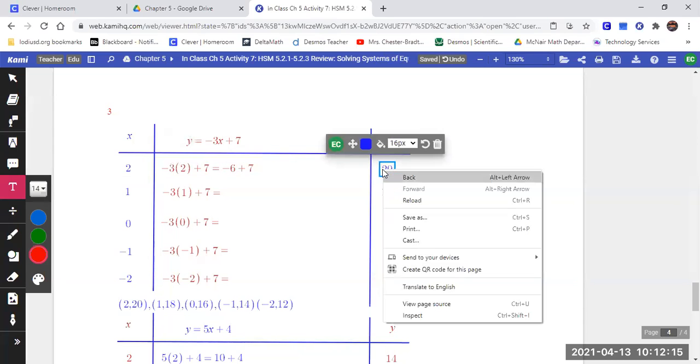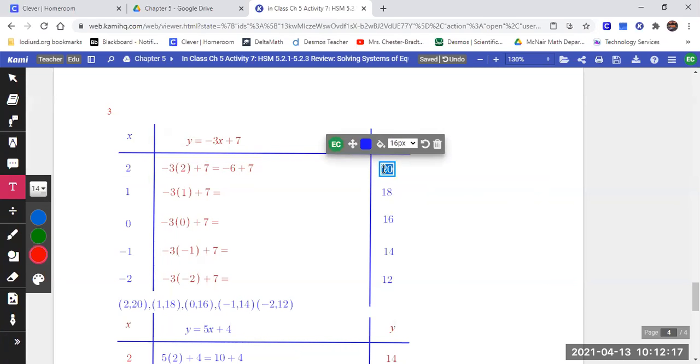What would happen if we do that? Subtract and keep the sign on the bigger one. They're not the same sign. So negative 6 plus 7 would be what? 1. Okay.